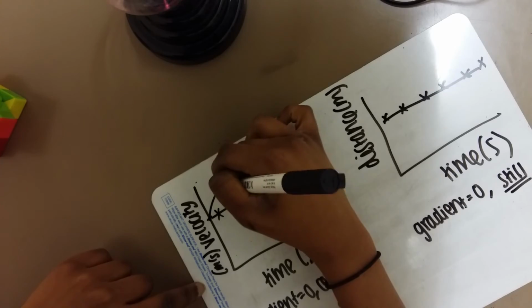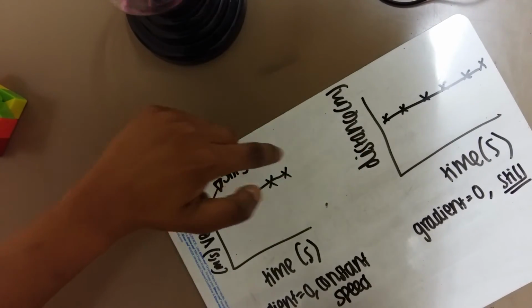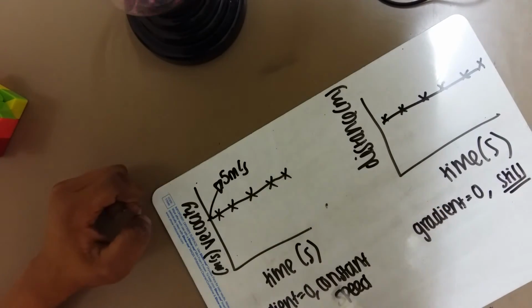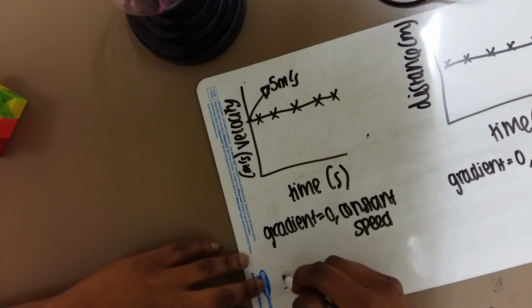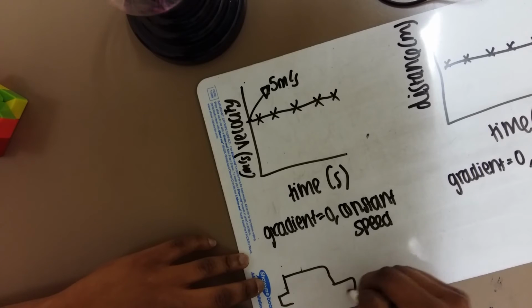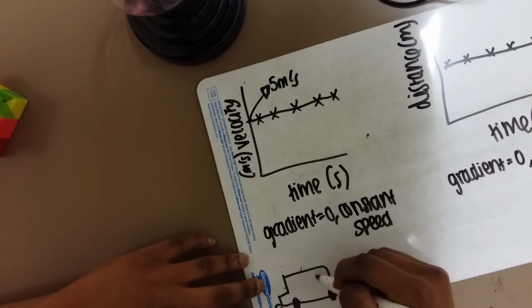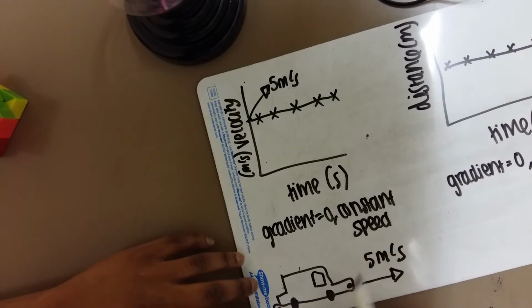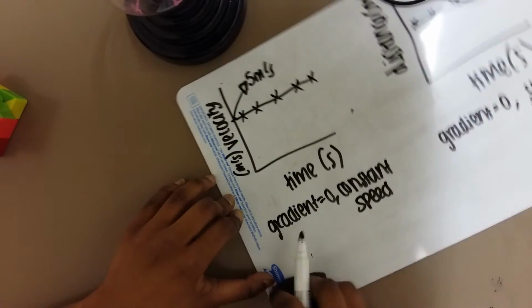It's moving at 5 meters per second, and it's not changing. It keeps moving at 5 meters per second. Therefore, it is at constant speed. It's still moving. A car, or a limo in this case, could be chugging along at a constant velocity of 5 meters per second. That doesn't mean that it's still.